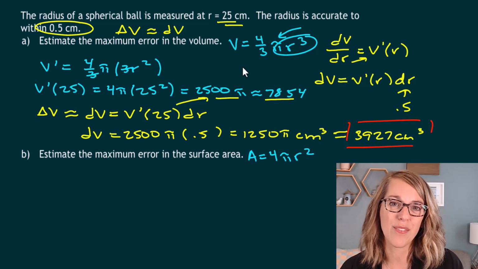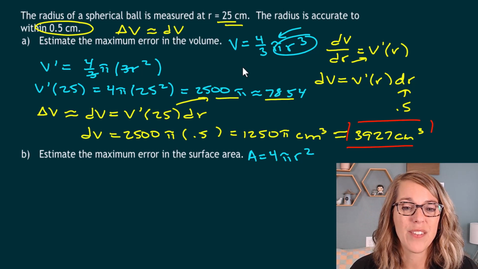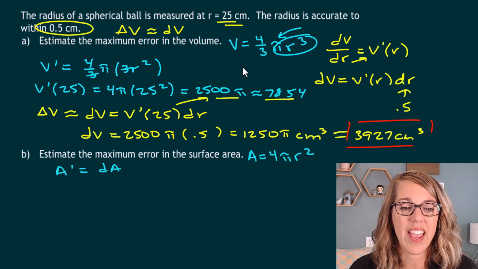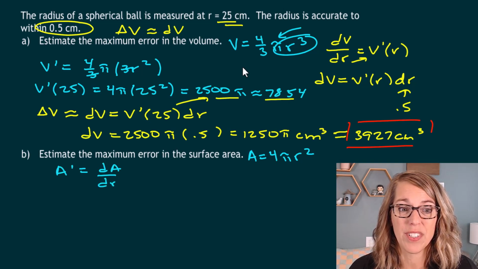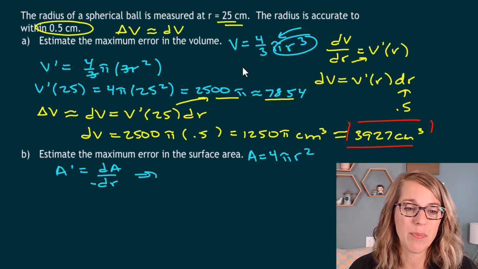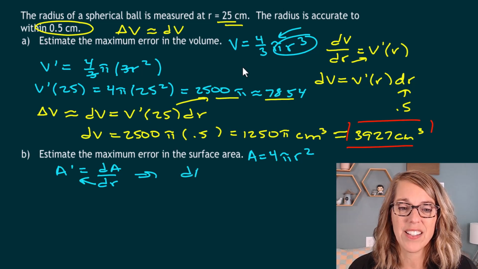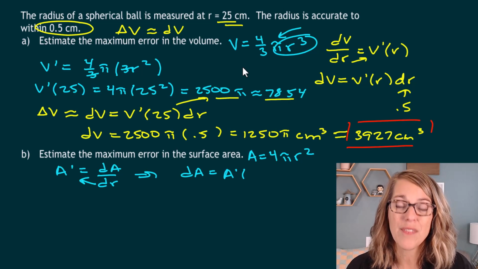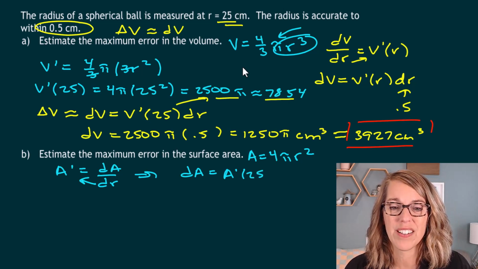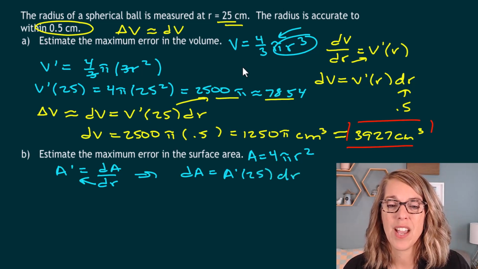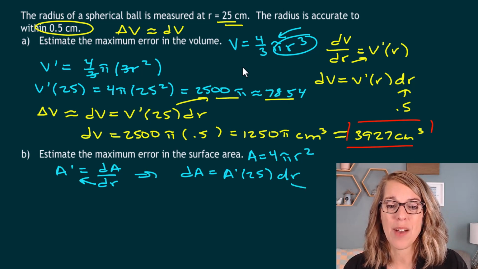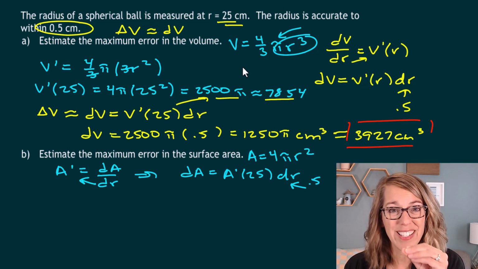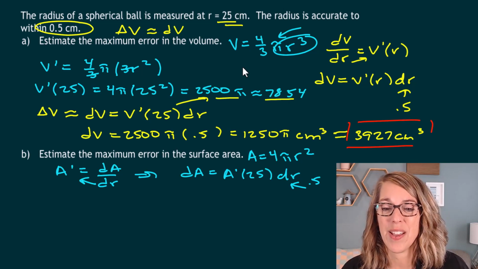So as I'm putting the surface area formula together, I know that if I take a derivative, A prime, that's going to be equal to dA over r as my variable, dr. So rewriting this by cross multiplying and isolating the dA, I've got dA is equal to A prime of r, I'm going to put 25 in here, times dr. And we know that that dr is that 0.5 that we had up above. Okay, so what I need to figure out here is A prime.